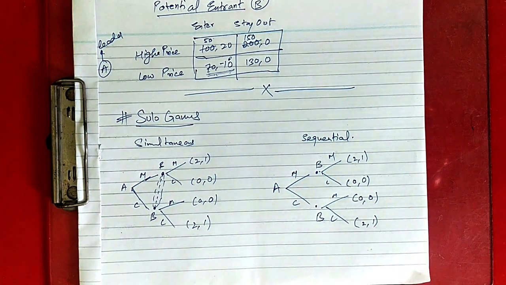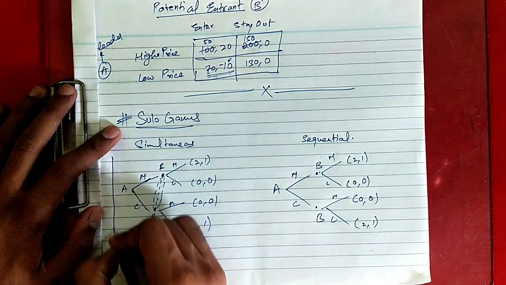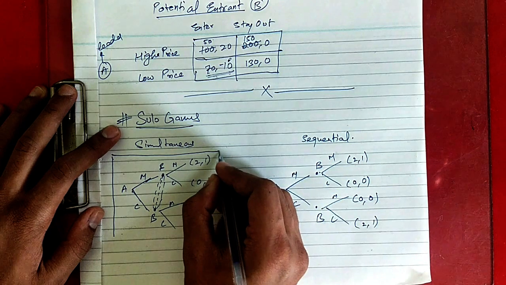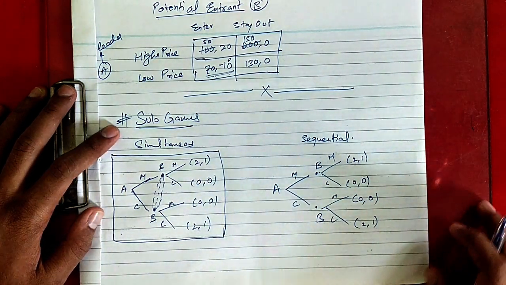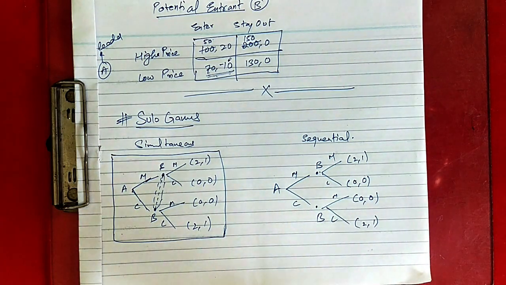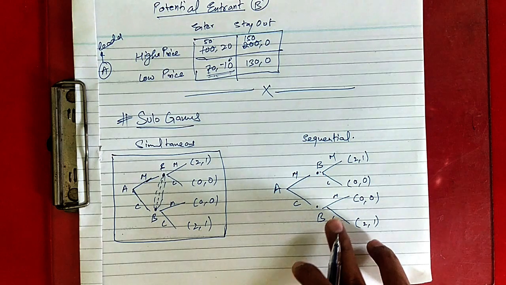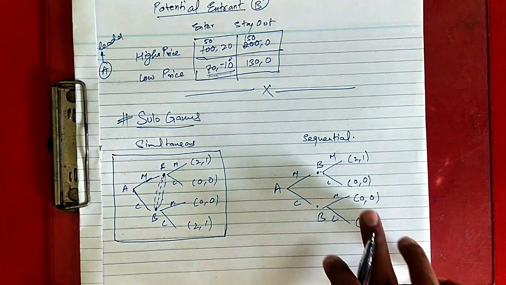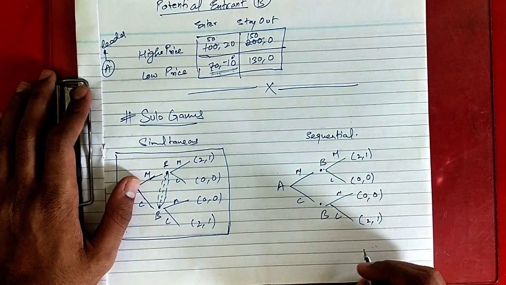So if you see that this is only one game, I can just put it under one rectangle or square. But now here, it is a sequential game, where first someone is doing something, then someone else plays his move. So how many games are in this? I can see that there are 3 games. How 3 games?